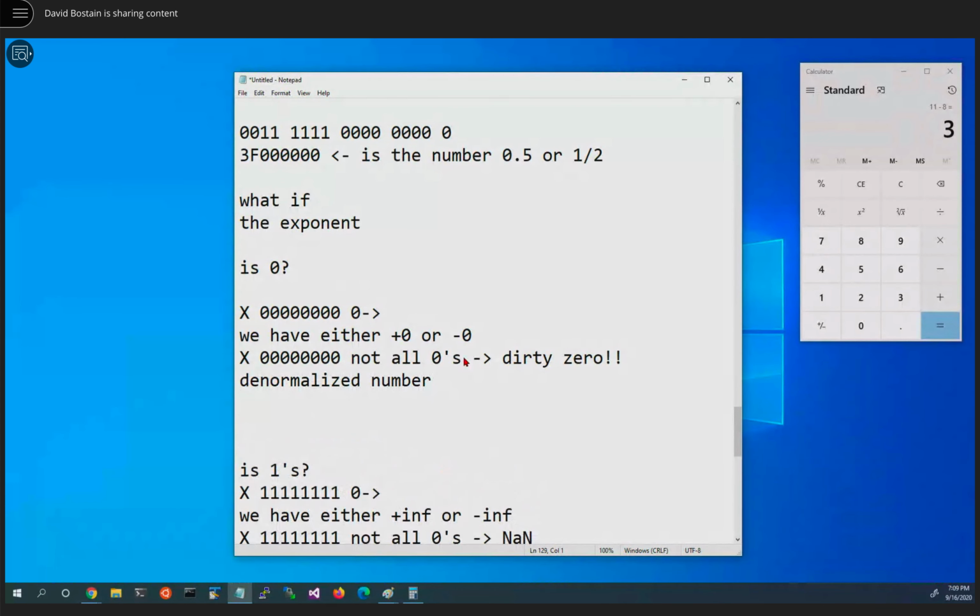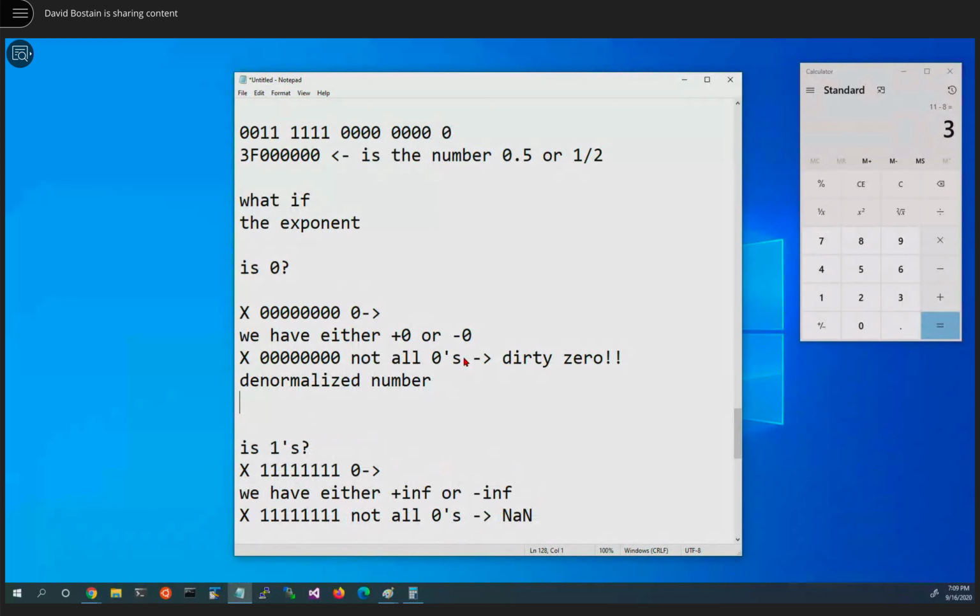What that means is, do you remember how in anything that did not have zero, when we had powers that were relative to 127, we always had that plus 1, or 1 point, in front of everything that was hidden? Well, in a denormalized number, that number actually is shown, so we actually encode it inside of the number.